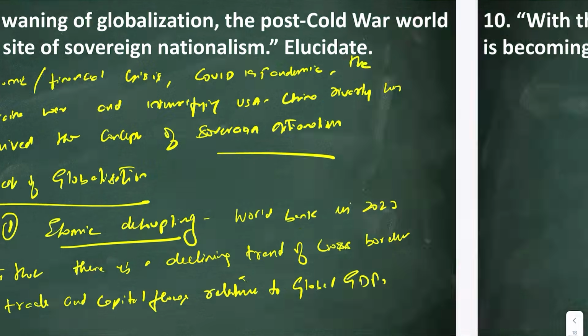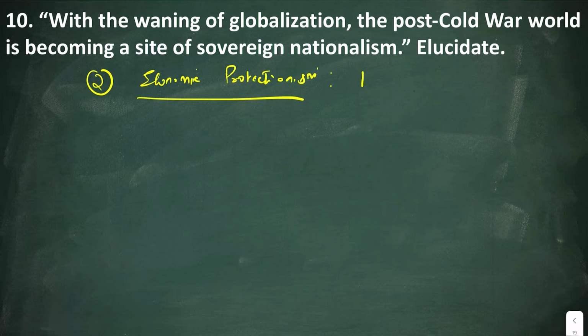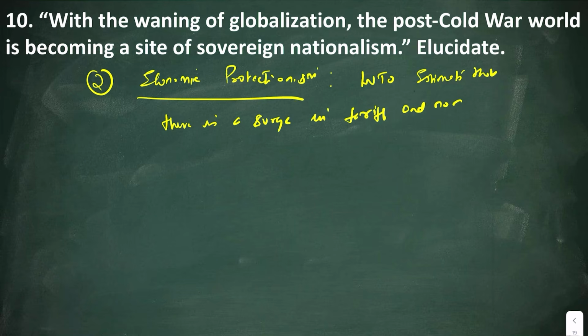Okay, second keyword is economic protectionism. Here you can elaborate by telling that the WTO estimates that there is a surge in tariff and non-tariff barriers.